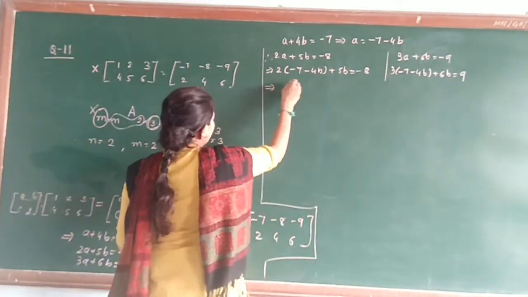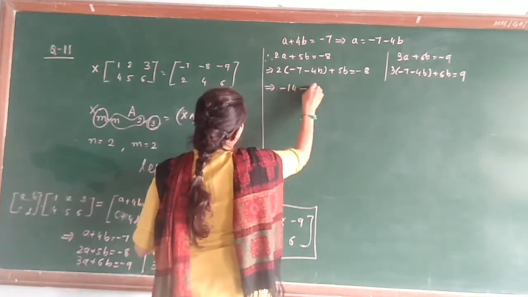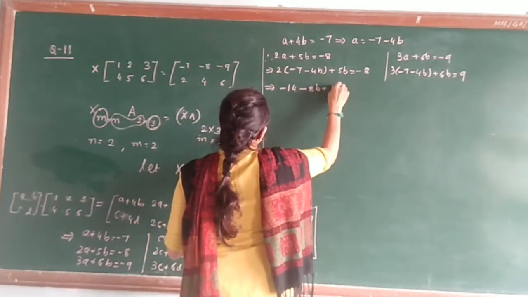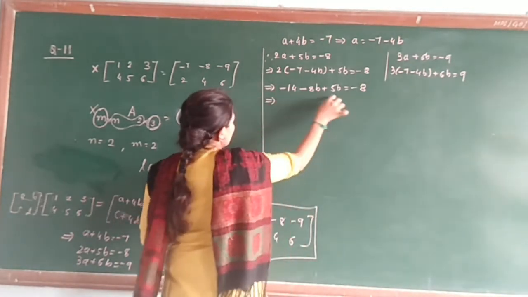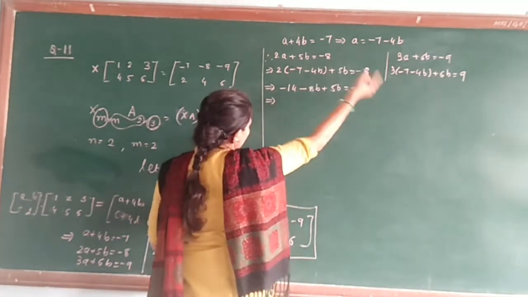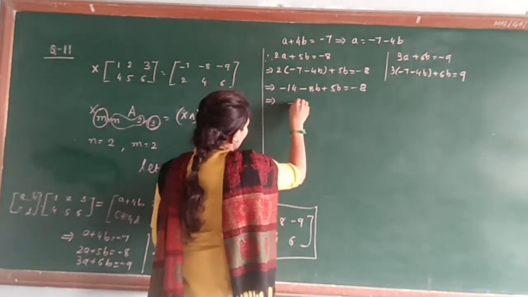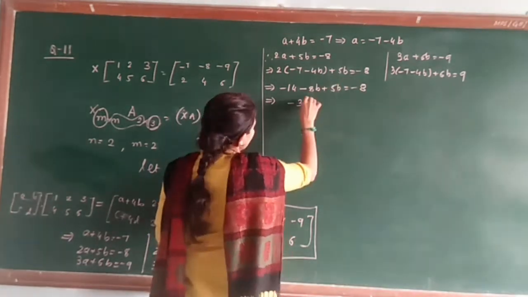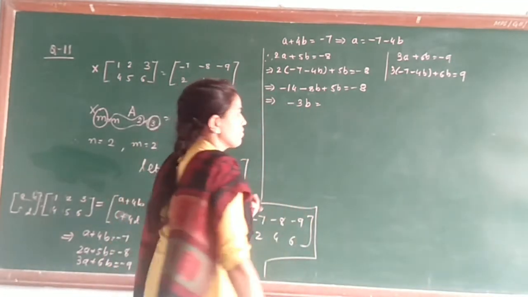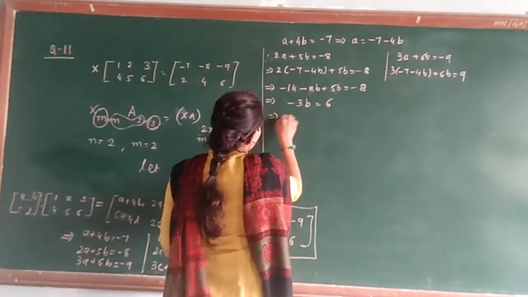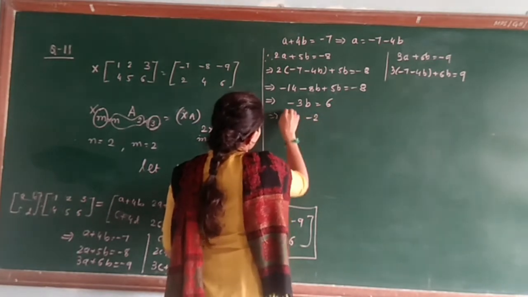From the first one you will get -14 minus 8b plus 5b is equal to -8. So from here, -14 will go to the other side: -8b plus 5b gives -3b, and -8 plus 14 gives 6. So b is equal to -2.